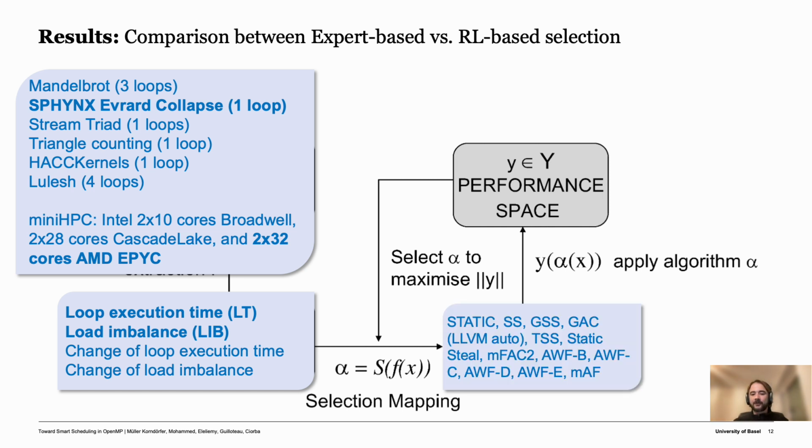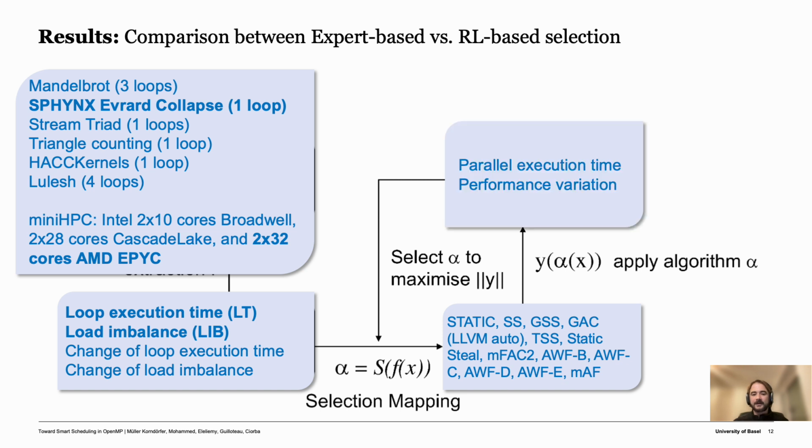Then our search space is basically the scheduling algorithms portfolio with all these methods. And finally, as I mentioned before, we are testing with different scheduling techniques. So for each time step, we are checking the performance variation depending on the method selected.